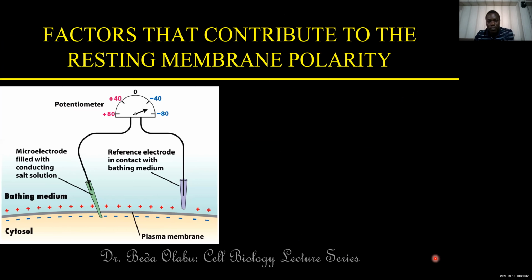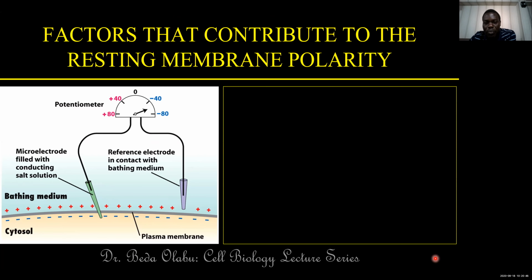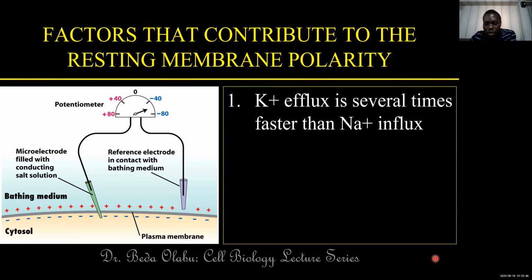So, if I was to summarize, there are 4 key factors that contribute to the resting membrane polarity. One is that potassium efflux is there and is several times faster than sodium influx, so the effect of sodium influx is not really felt. The second factor is that we have the sodium-potassium pump that pumps 3 sodium out for every 2 potassium in, so the effect is polarization.